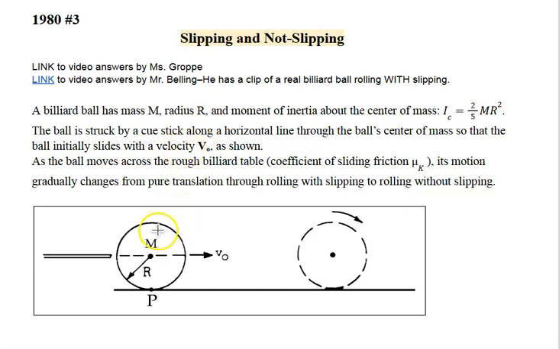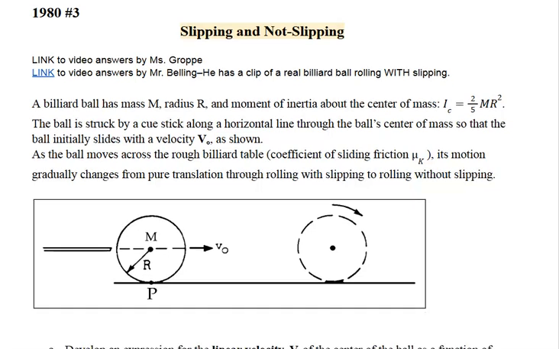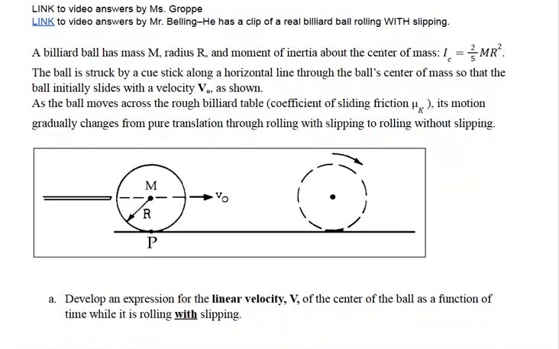Okay, so you've got a billiard ball with different dimensions. Again, they give you the rotational inertia for a sphere, so we're going to use that. Sometimes they do, sometimes they don't. But if you read this carefully, the cue stick goes through the center of mass, giving it an initial velocity v naught.